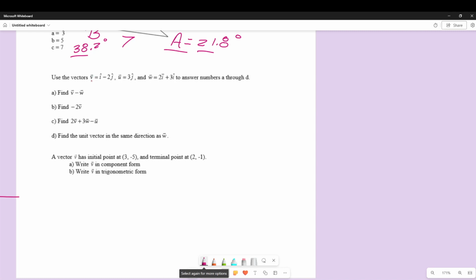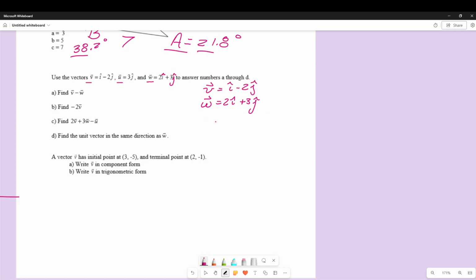Okay, so given these three vectors, find the difference between V and W. So the vector V is i hat minus 2 j hat, and W is 2 i hat plus 3 j hat. That's my fault, there's a little bit of typing issues on those. That should be an i hat, a j hat.